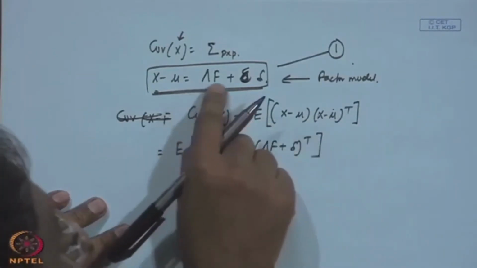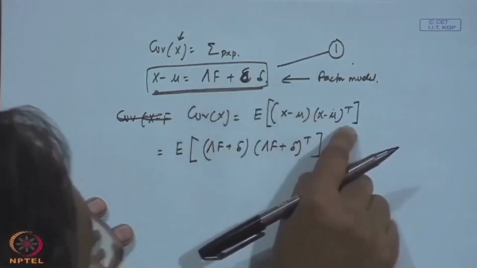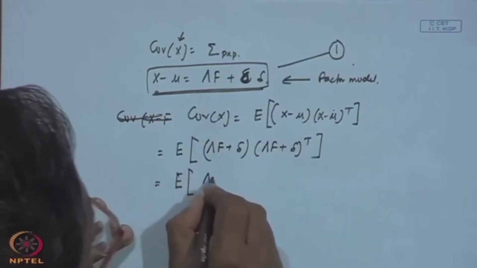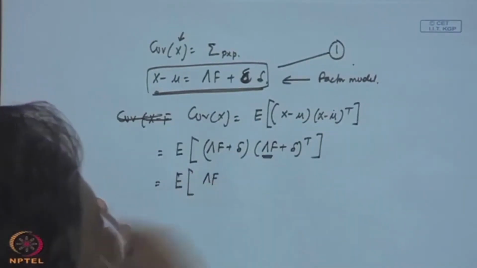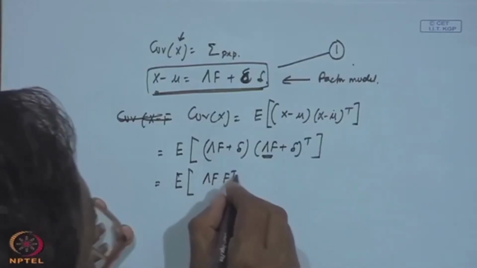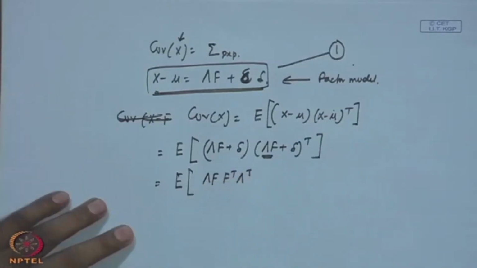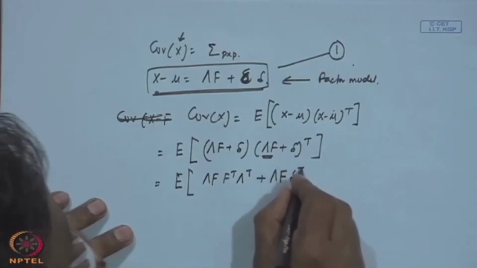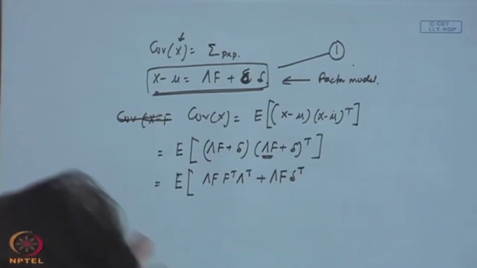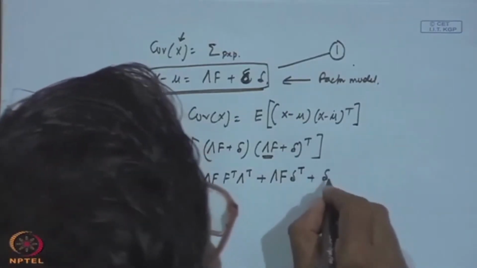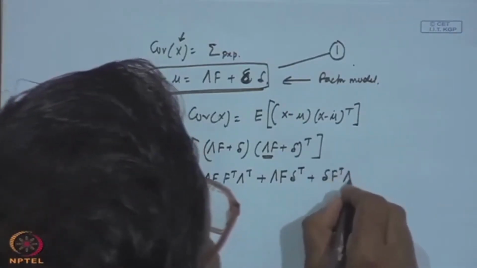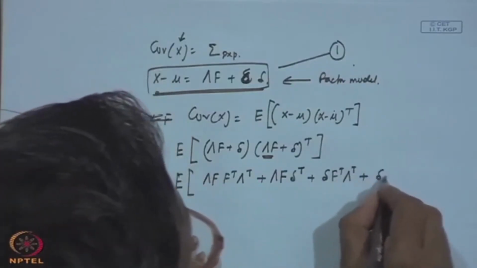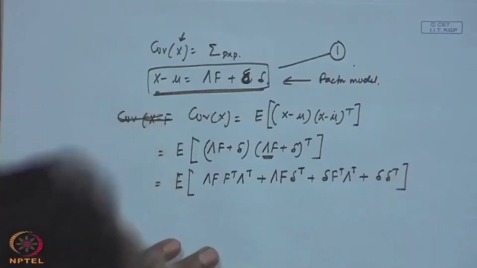So, I am writing like this: lambda f into f transpose lambda transpose, plus lambda f delta transpose, plus delta f transpose lambda transpose, plus delta delta transpose.